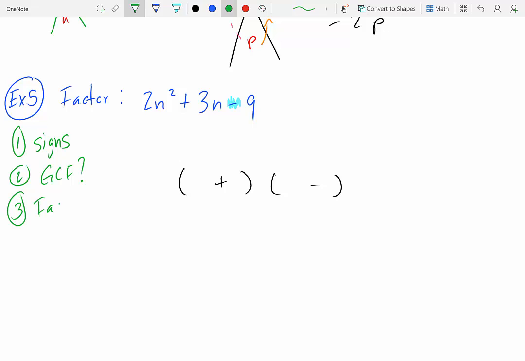We're going to factor A and C. So if we factor A, it's 2n times n. If we factor C, we have 1 times 9 and 3 times 3.